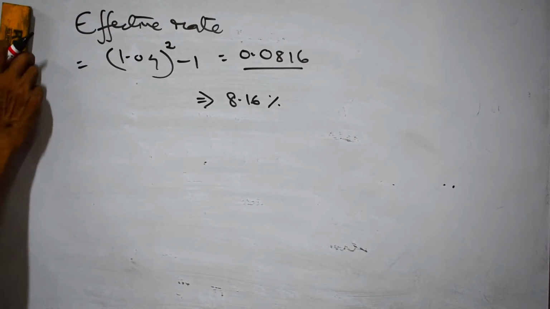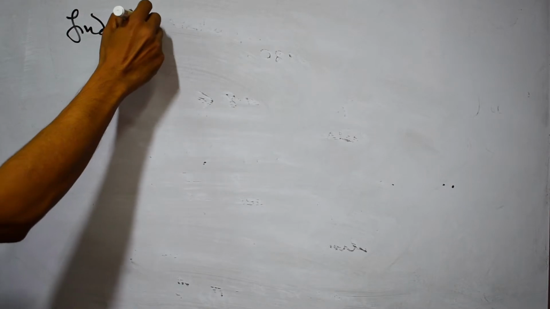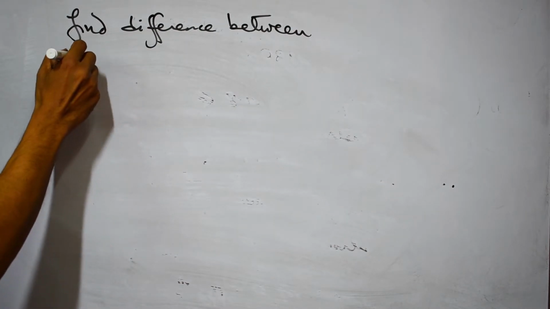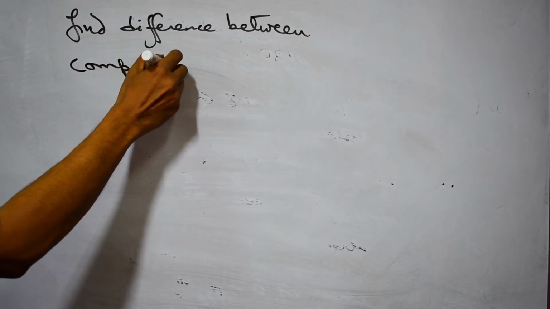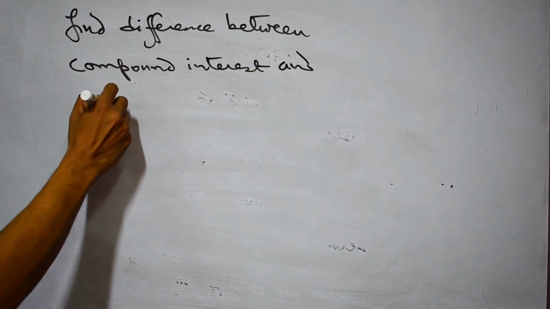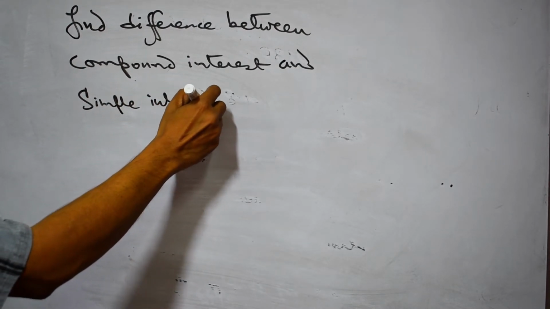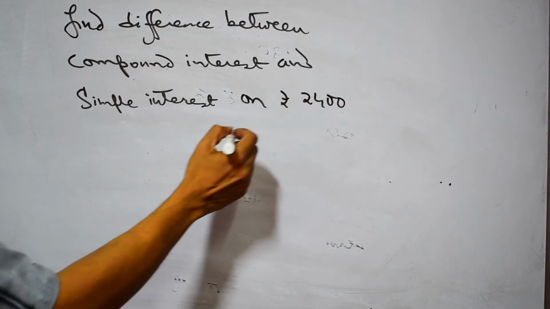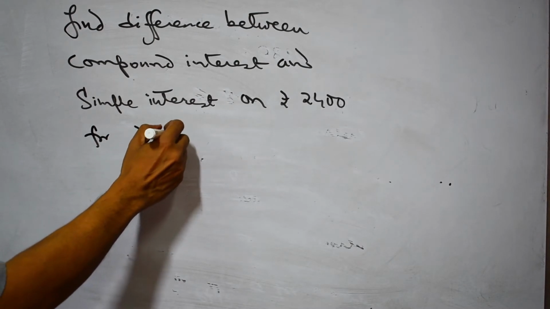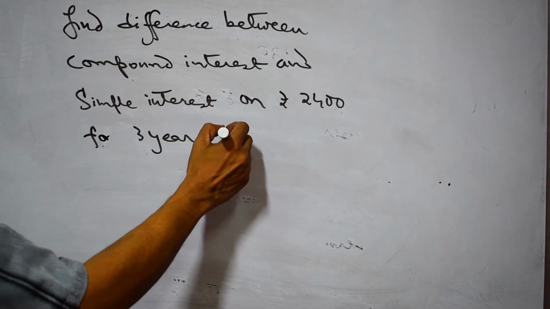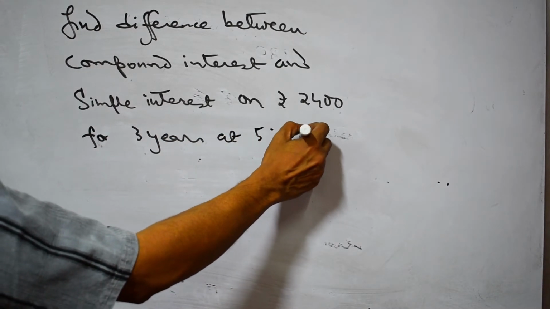Now the last problem I would like to discuss today: find the difference between compound interest and simple interest on rupees 2,400 for 3 years at 5% per annum.